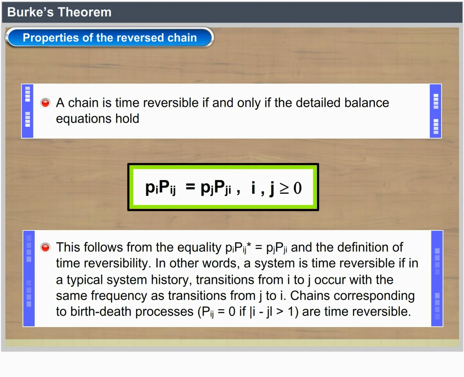In other words, a system is time reversible if in a typical system history, transitions from i to j occur with the same frequency as transitions from j to i. Chains corresponding to birth-death processes, where P_ij is equal to 0 if the modulus of i minus j is greater than 1, are time reversible.